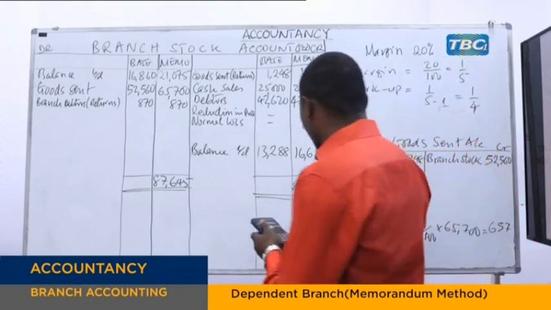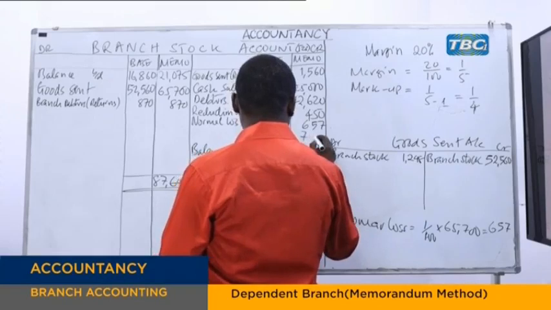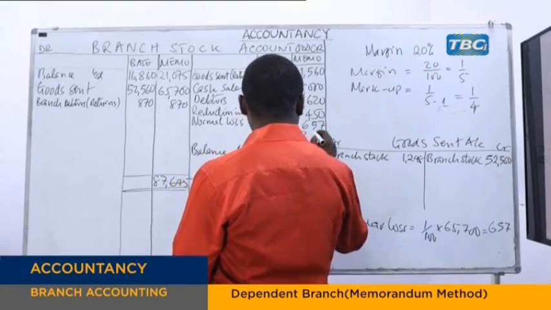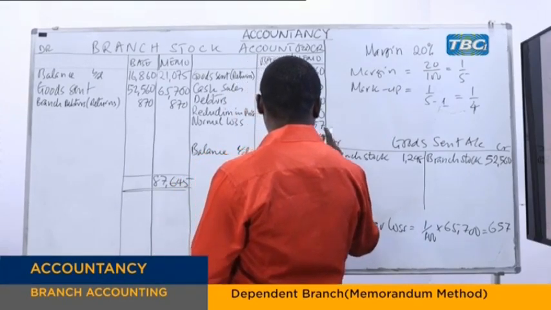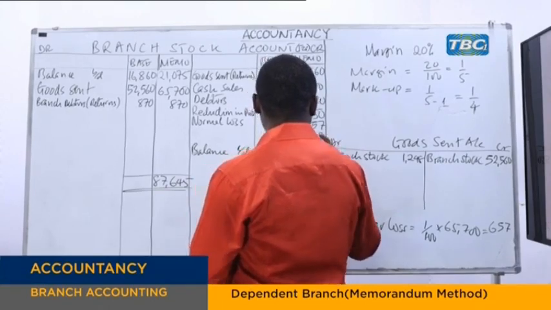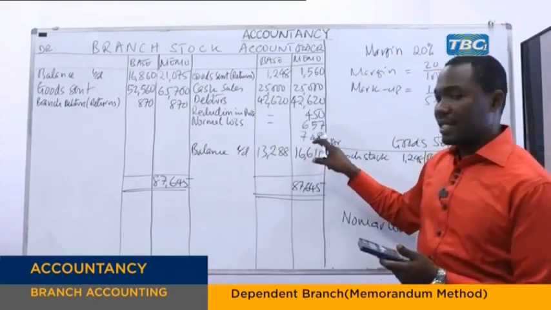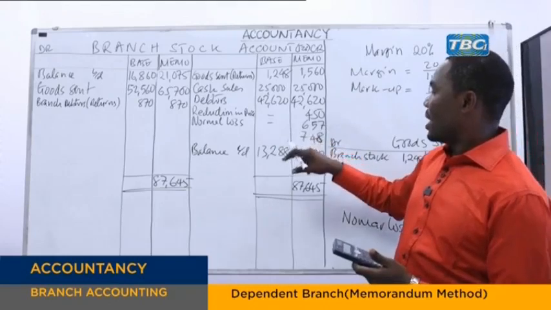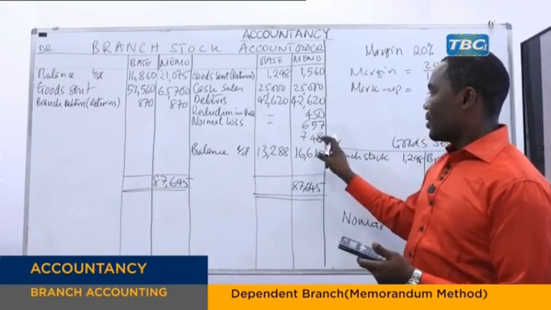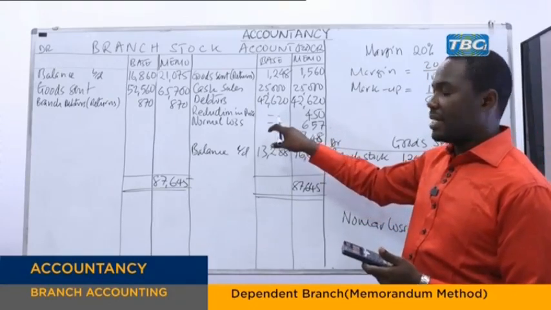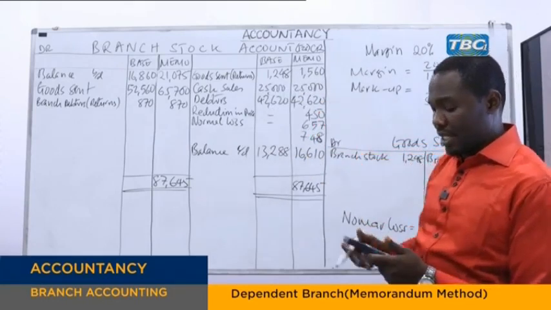So we get 748. So as I've said, this is abnormal loss. So we need to compute the cost element to give it attention in the loss.